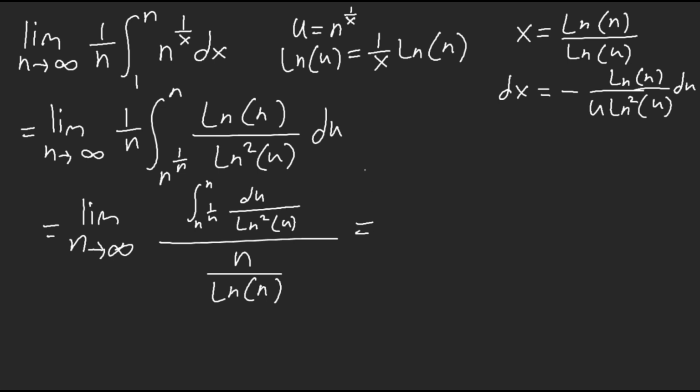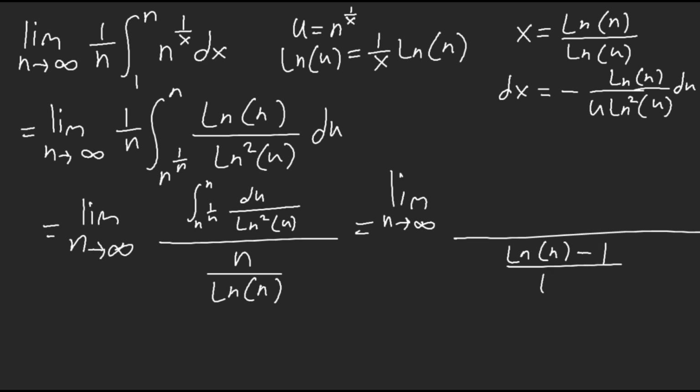So, with that in mind, we can use L'Hopital's rule. Let's go ahead and take the limit. Oh god, I can already see, this is horrible. This is god awful. Let's start. This is the quotient rule. This is ln minus 1 over ln squared.